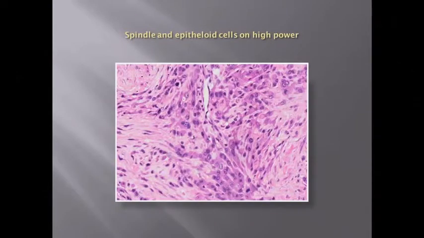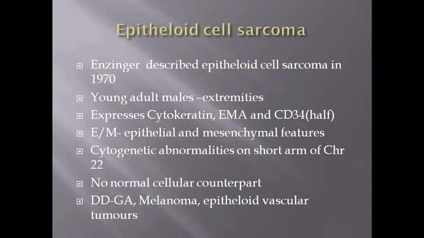That is again higher magnification, spindle and epithelioid looking cells. Epithelioid looking cells have a lot of pink cytoplasm and they show moderate nuclear pleomorphism. Now, epithelioid cell sarcoma. As we all know, Enzinger first described epithelioid cell sarcoma in 1970.